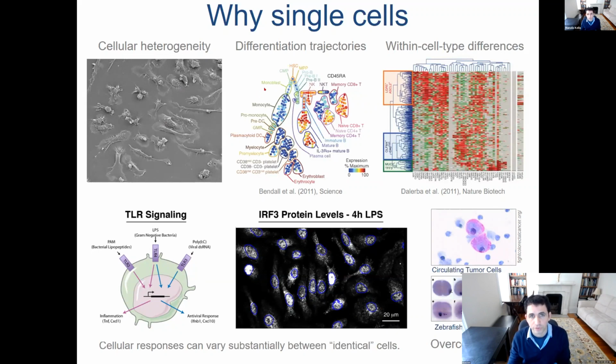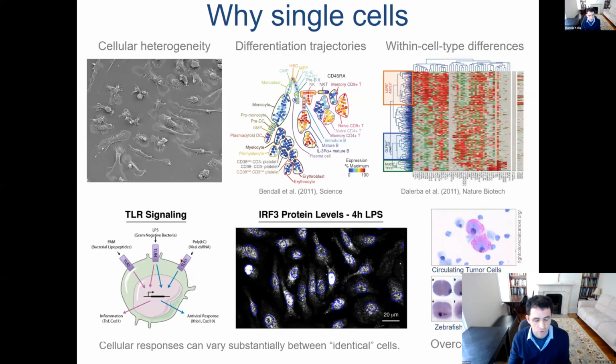Cells are also different because of their differentiation trajectories. If you look at the hematopoietic stem cell lineage, it differentiates down very different paths, and there's almost a continuum of cellular identities as you go down that differentiation time course. Also, there are dramatic differences between individual cells, even within a given cell type.